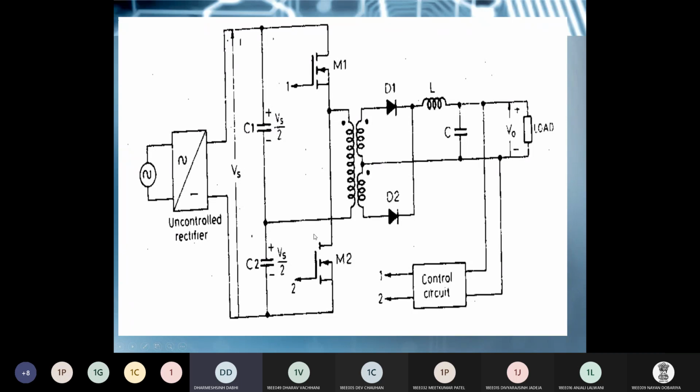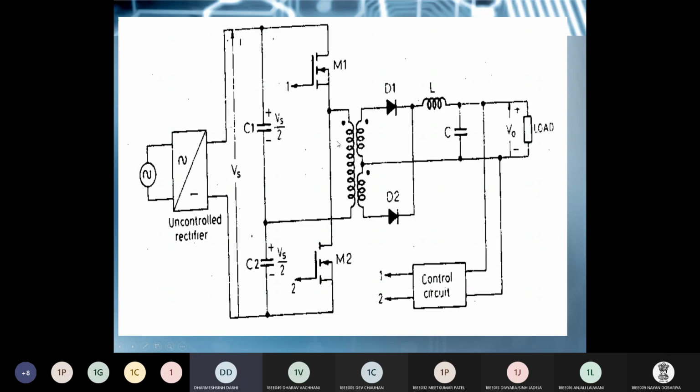So at a time again here, out of these two MOSFETs M1 or M2, any one MOSFET is in on condition. So first we turn on the M1 MOSFET. At this time M2 is in off condition. At this time, from the positive terminal of capacitor C1, current is flowing through M1, the primary winding, and then to the negative terminal of this capacitor.